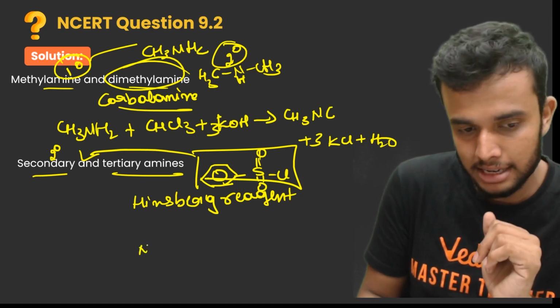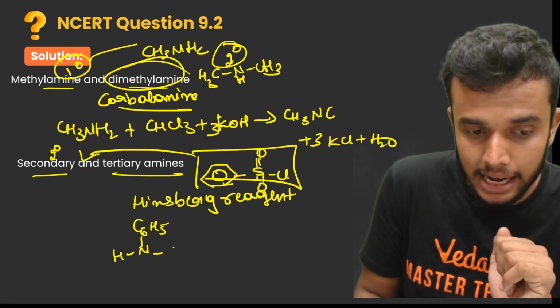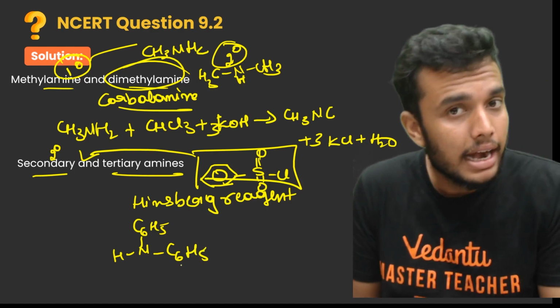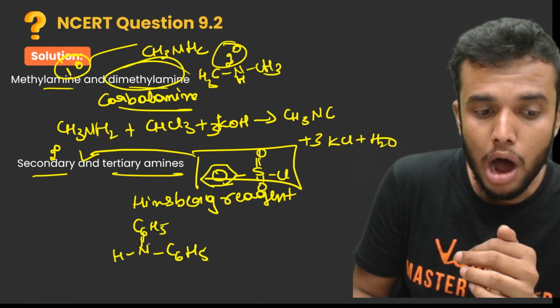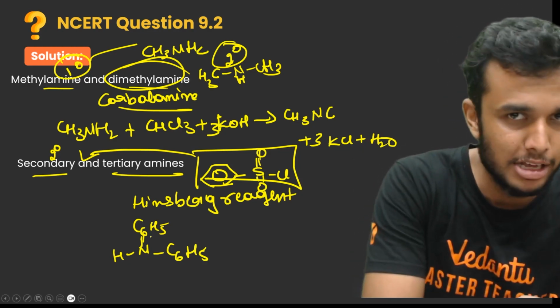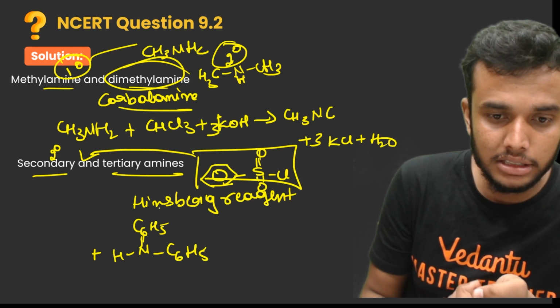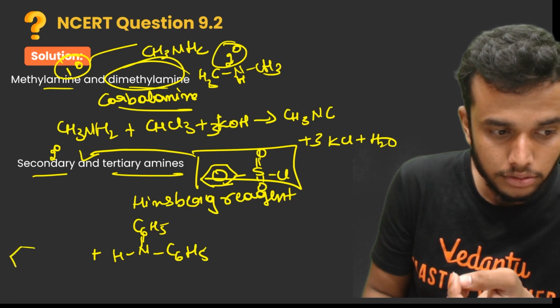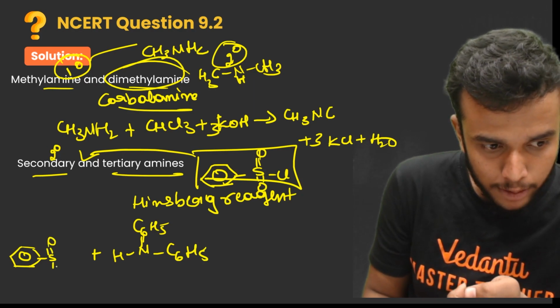For example, let's take a secondary amine. This is a secondary amine, right, students? In a secondary amine, two R groups replace two hydrogens. It reacts with benzene sulfonyl chloride.